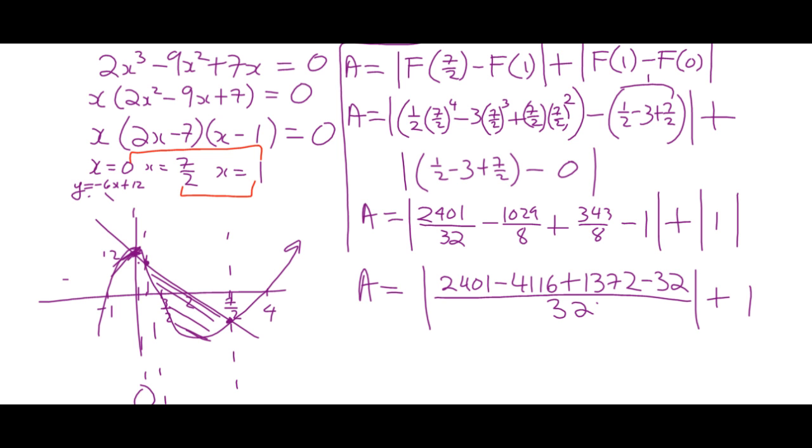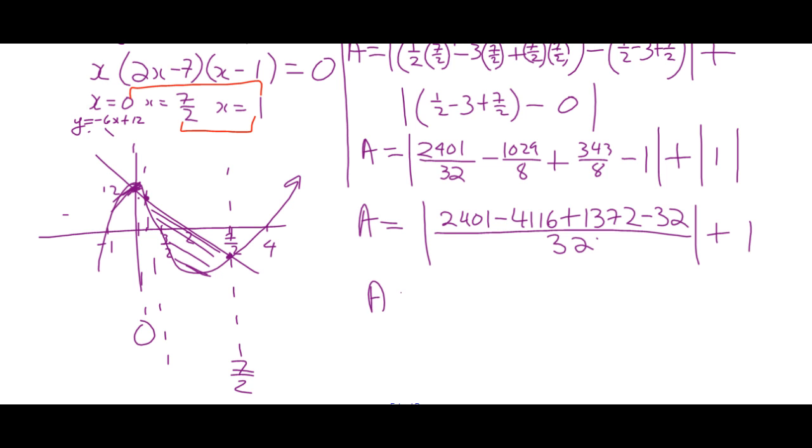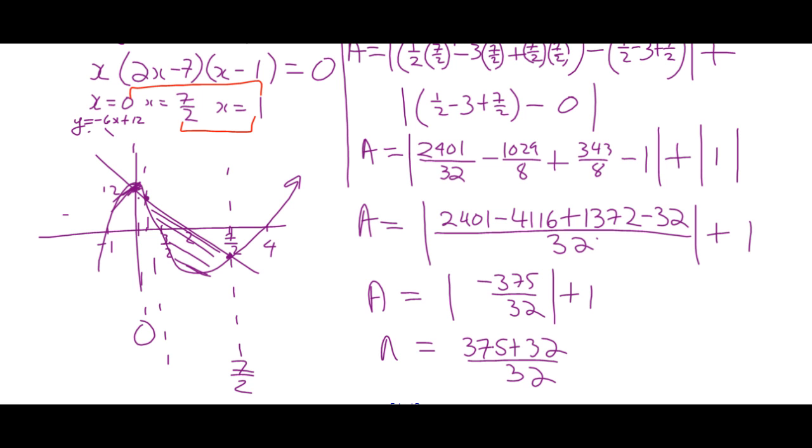And this first area is actually negative, right? Because what we call the upper function is really the lower function in this case, the way we did it. So this works out to negative 375 over 32 plus 1, which is 375 plus 32 over 32, which is 407 over 32.